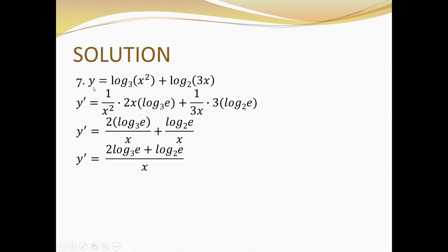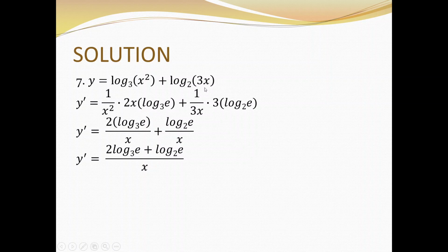So our derivative of the function with respect to x is also expressed as y prime. For this first term, this is our u, then the derivative of log of x squared to the base 3 is 1 over x squared, to be multiplied by the derivative of x squared, which is 2x, and then multiplied by a constant value of log of e to the base 3.